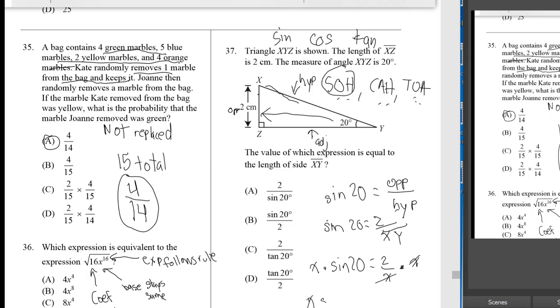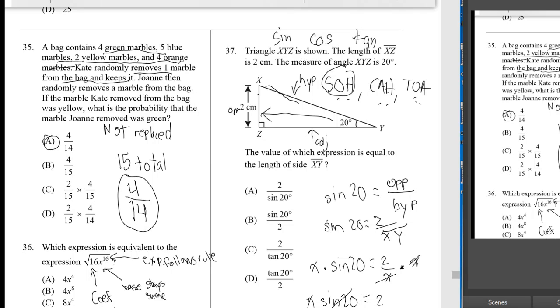So then I have x sine 20 equals 2. And I divide both sides by sine 20 to bring it over to the other side. So x is equal to 2 over sine 20.